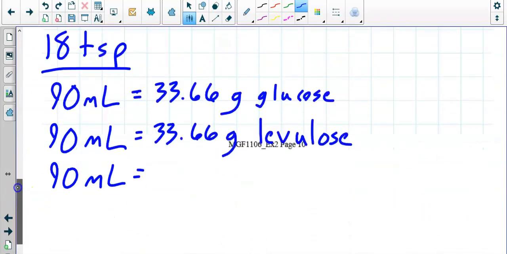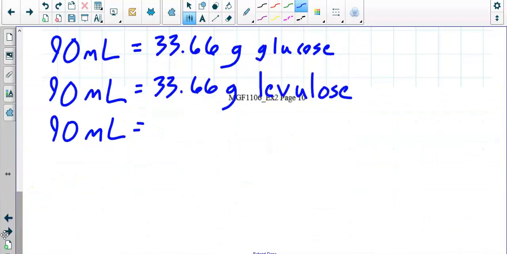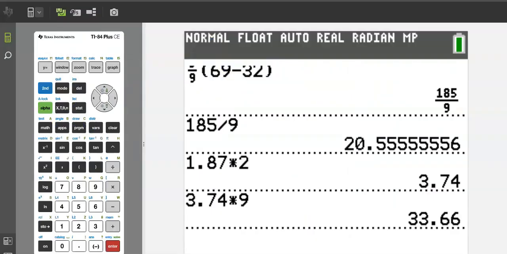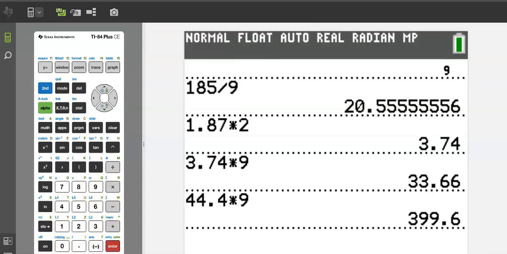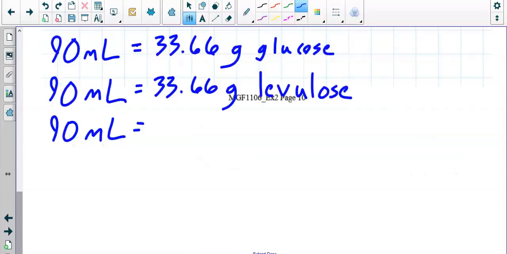And then for the phosphoric acid, we'll take the 44.4 times 9. And there is that one. So we'll have 399.6 milligrams of the phosphoric acid.